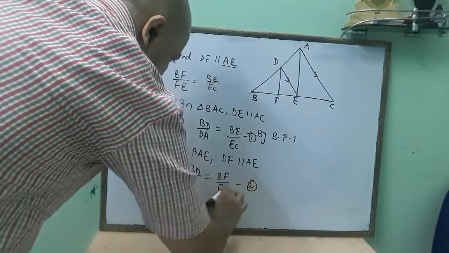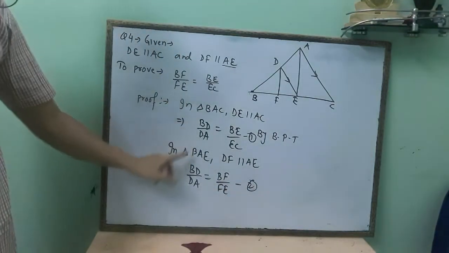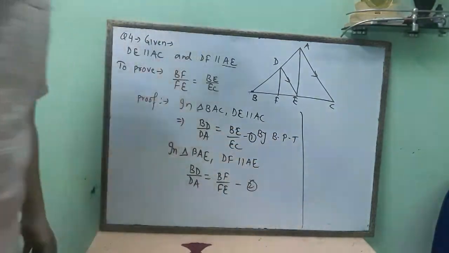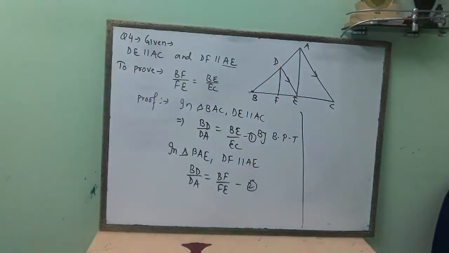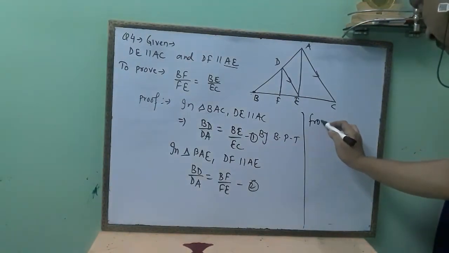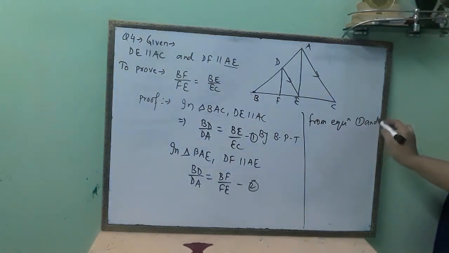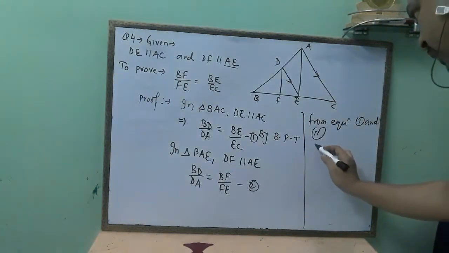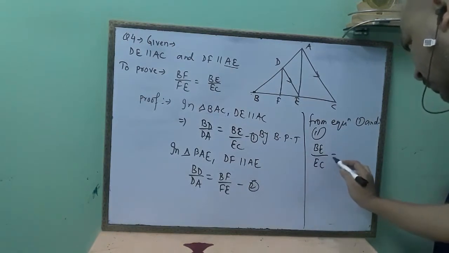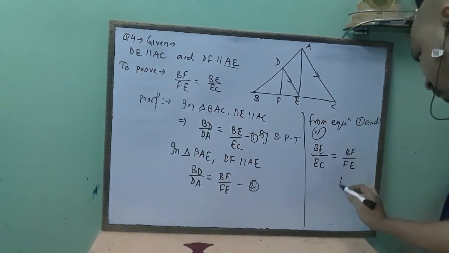So this is equation 2. Again, BD by DA will cancel out, and from equation 1 and 2 we can say that BE divided by EC is equal to BF divided by FE. Hence proved.